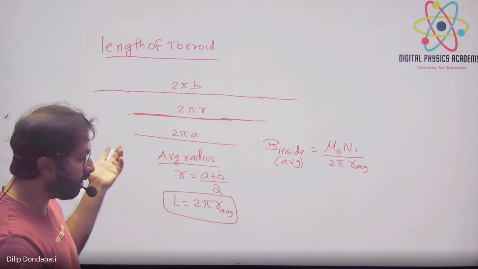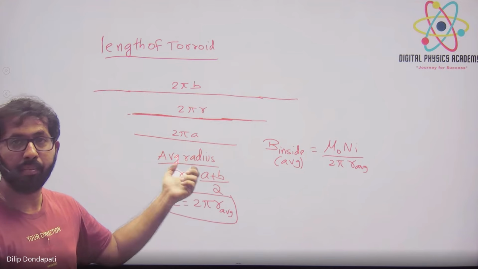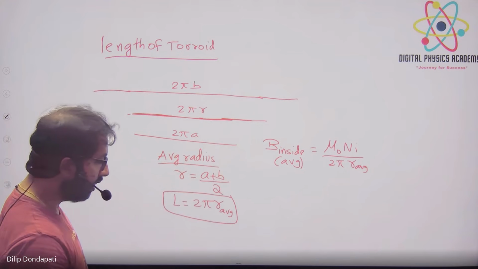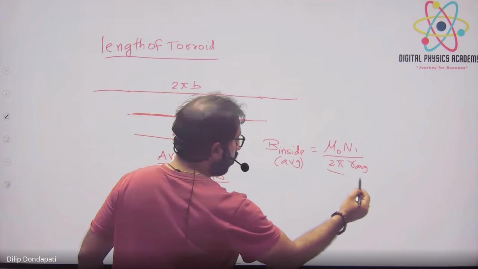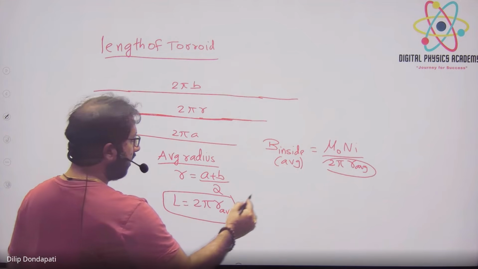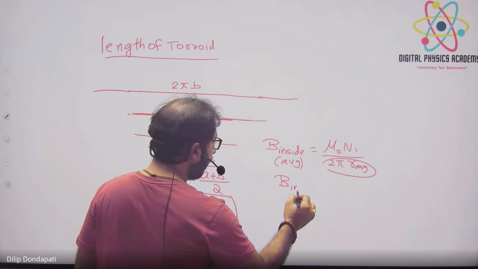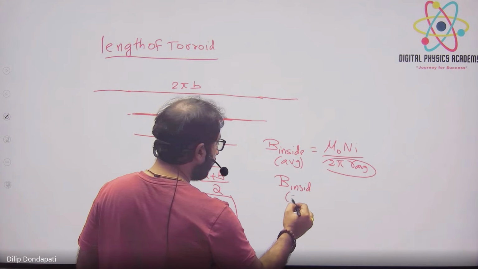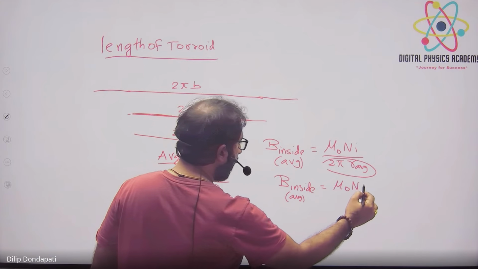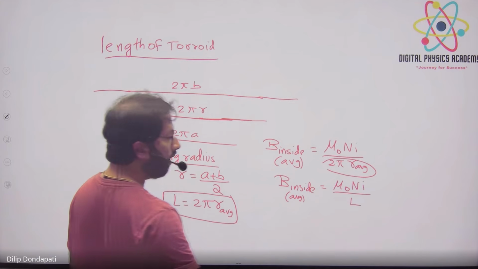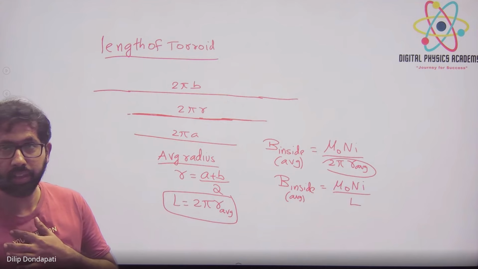Before r था ना, so we cannot find r. In a and b will be given. That's why r average. Similarly इसको मैं simplify करूँगा. This is nothing but 2 pi r average, nothing but length, right? So B inside average value कितना था? Mu naught N I by L, right? Length of the conductor.